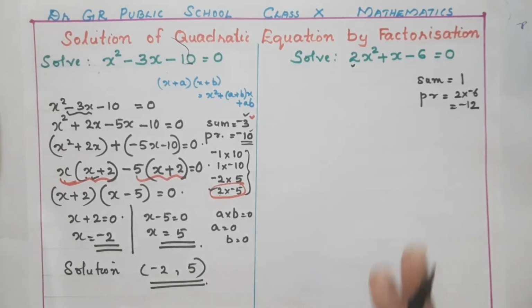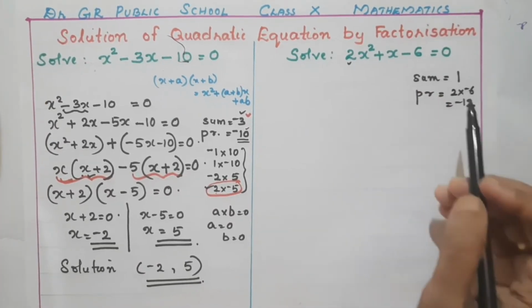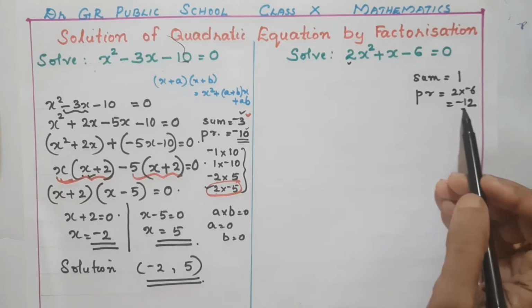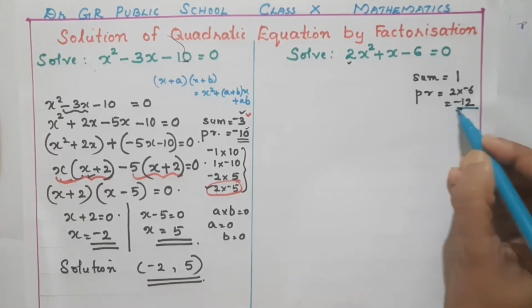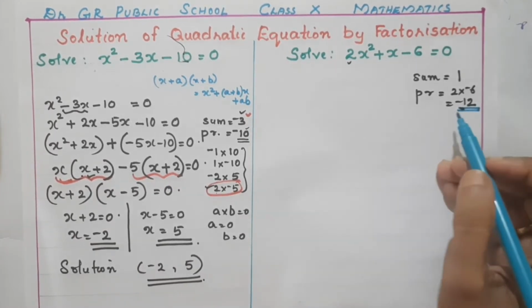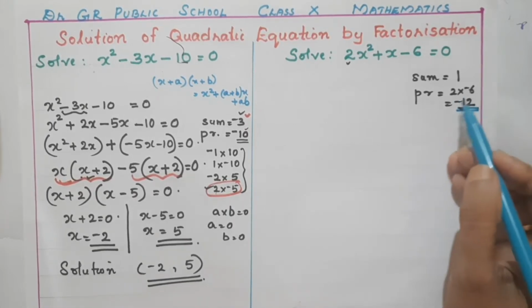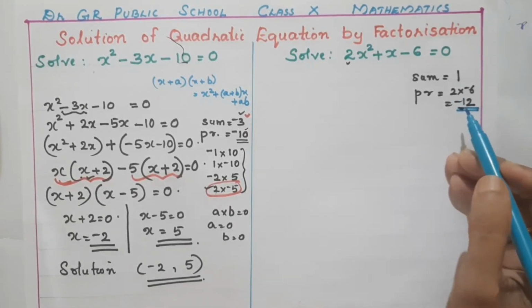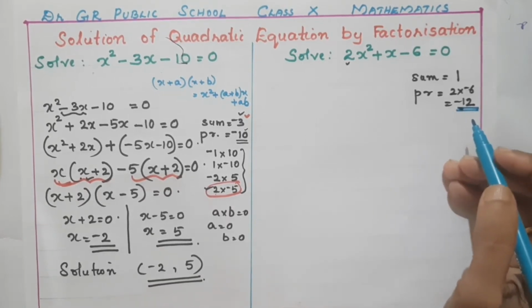Okay. Now we have to find a pair of numbers whose sum is 1 and whose product is minus 12. How will you get that? We have to check the factorization of this product number. We have a negative number as the product, so one number should be negative. Okay.